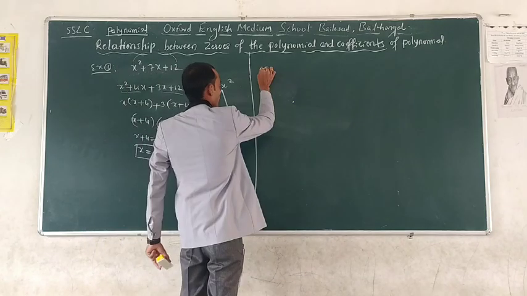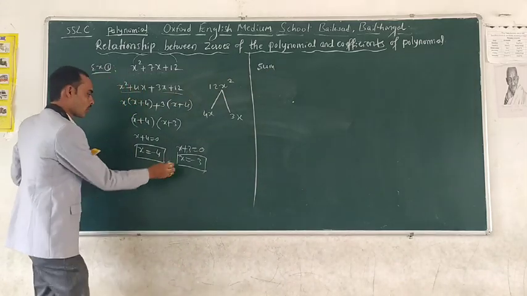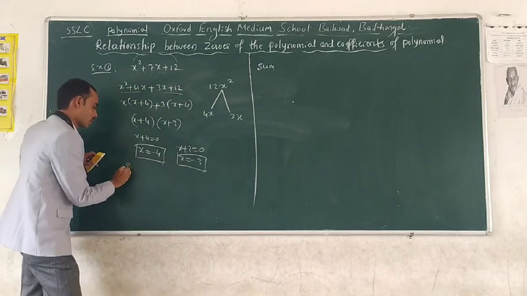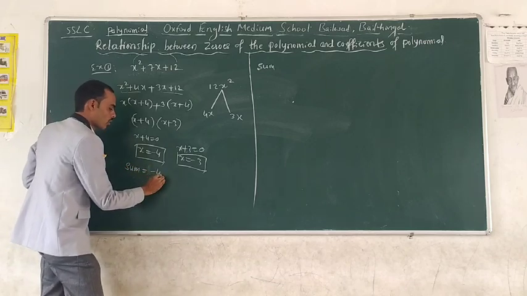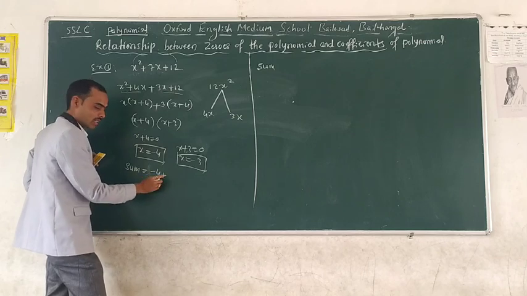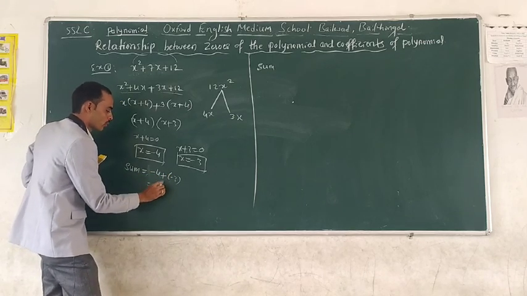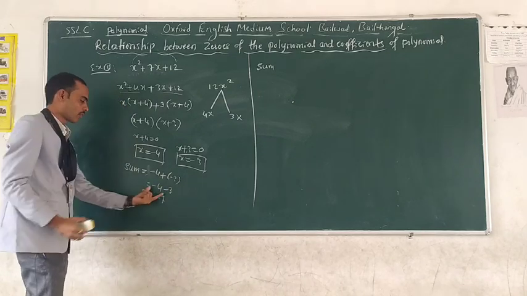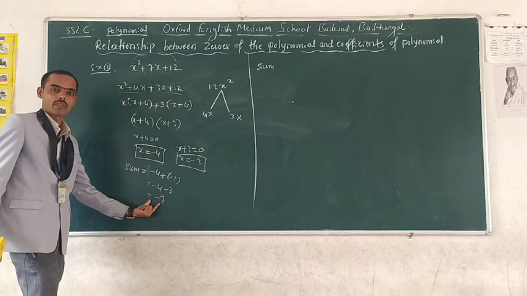First, the sum of the roots, x1 and x2, is equal to minus 4 plus another root minus 3, which is equal to minus 7. Both have the minus sign, a common sign, so I add but put the minus sign.